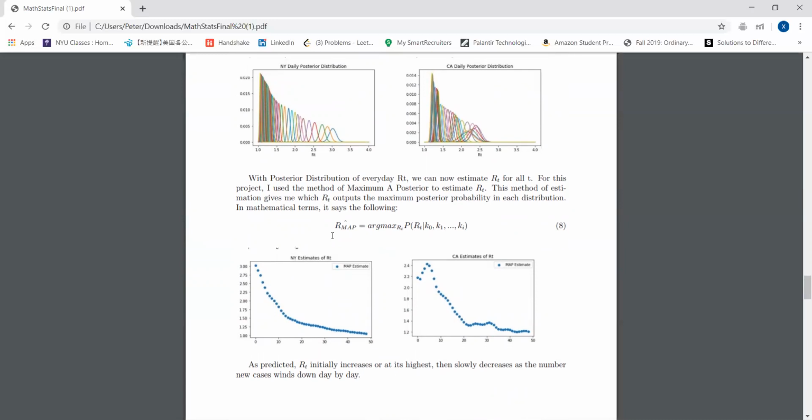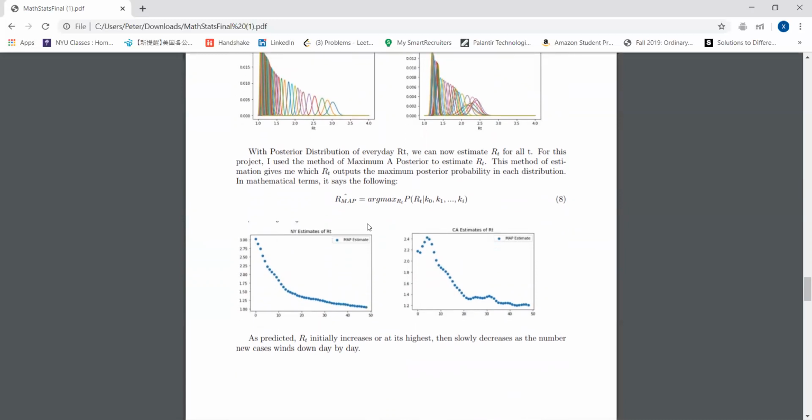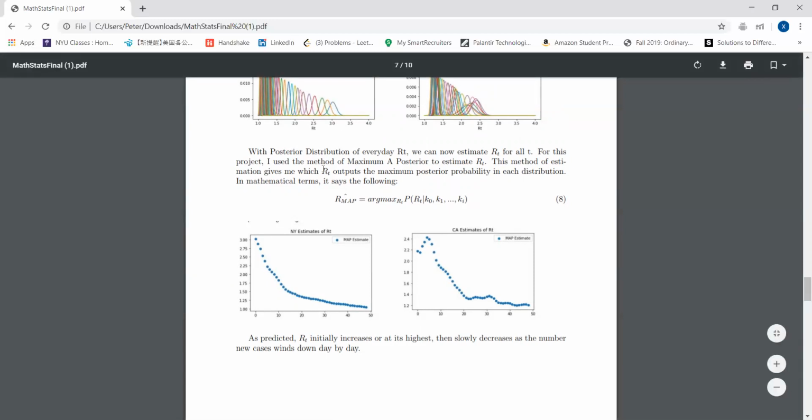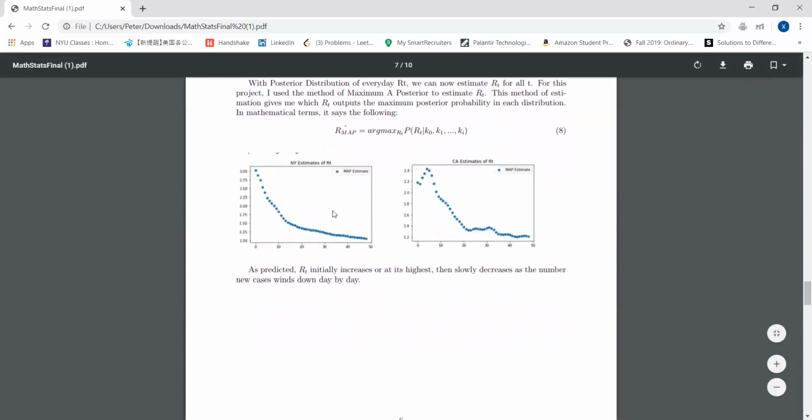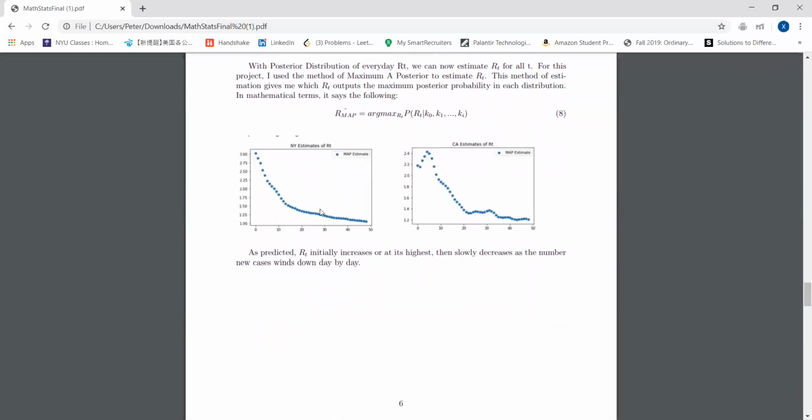So what I did was use the method of maximum a posteriori estimation to calculate R naught. These are just numbers that you can see from the peak of these distributions, and they look like this. As time goes by, infectious individuals go down, and the R naught reasonably goes down as well.